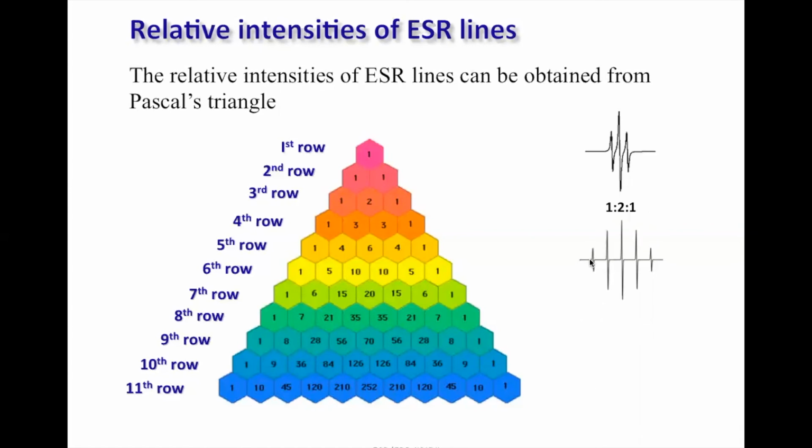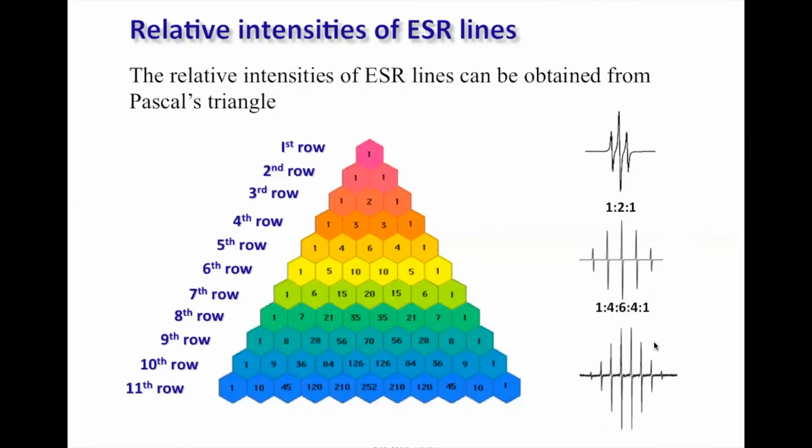Likewise, if we have 5 ESR lines for a given species, then we will have to follow the fifth row of Pascal's triangle, which will give us the intensity of the lines, that is 1:4:6:4:1.